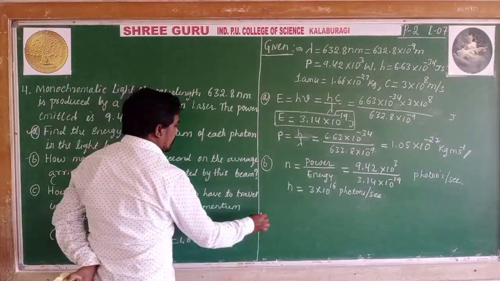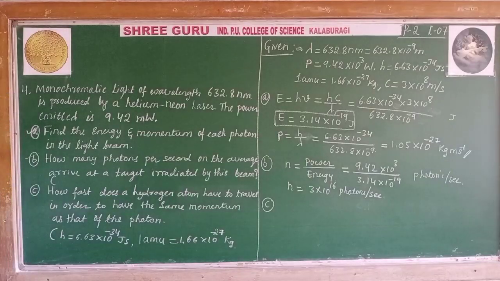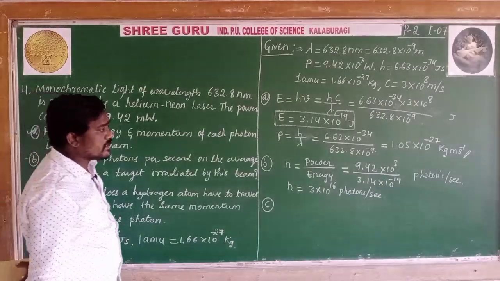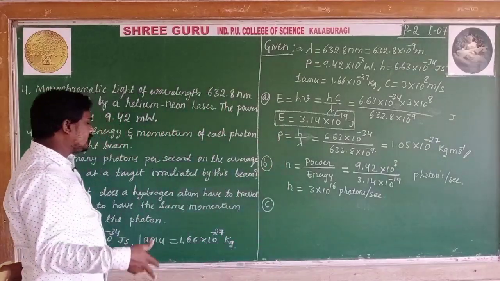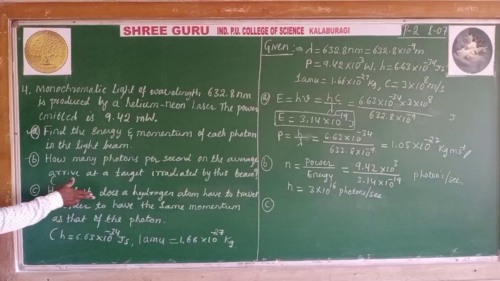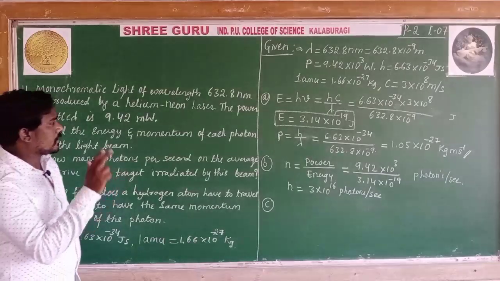Now come to the third one. How fast does the hydrogen atom have to travel in order to have the same momentum? It is not change in momentum. Momentum must be the same. How fast does the hydrogen atom have to move in order to have the same momentum as that of the photon?